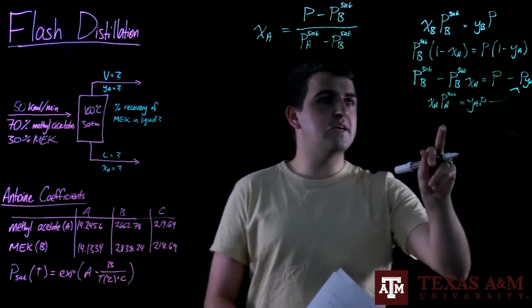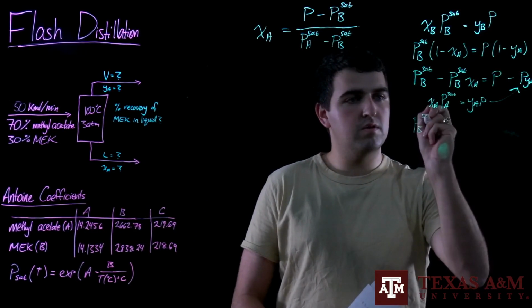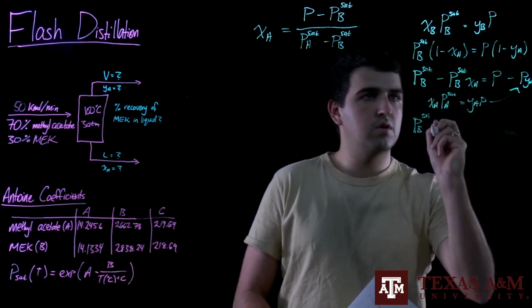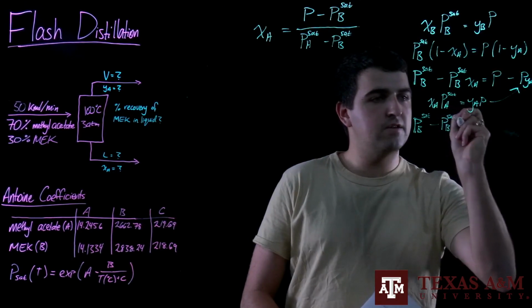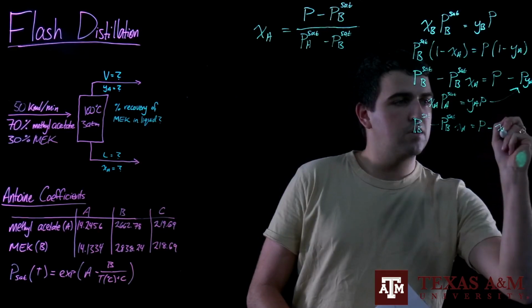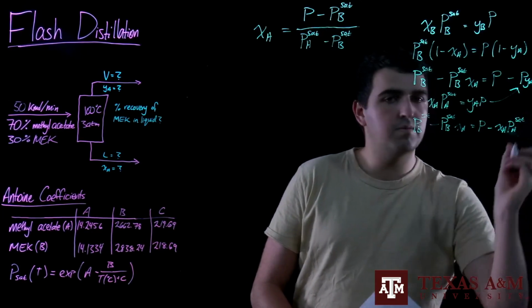So we can replace this and get PB sat minus PB sat XA equals P minus XA PA sat.